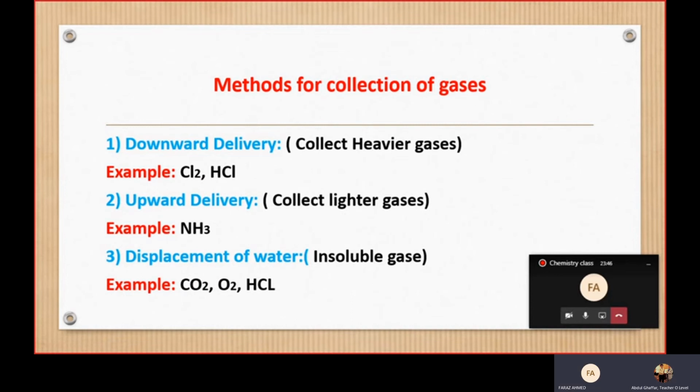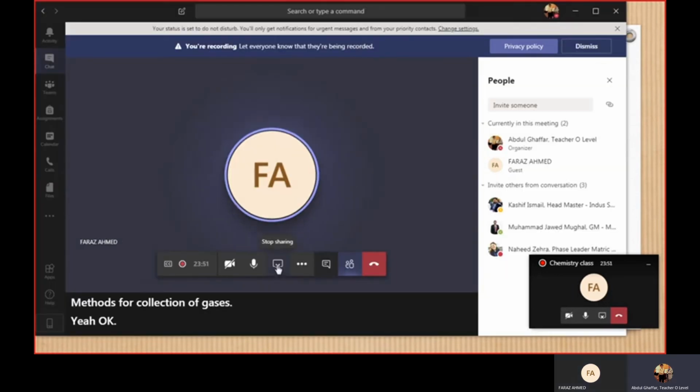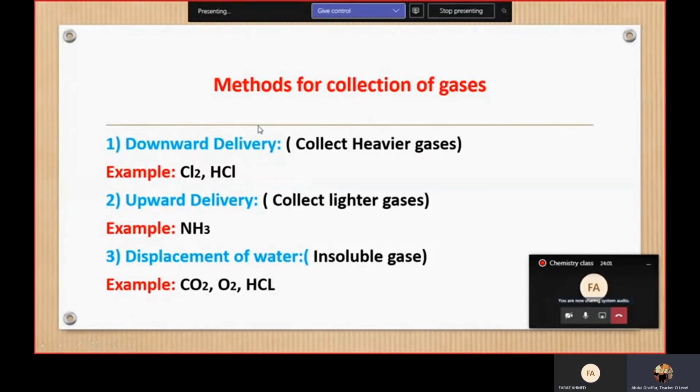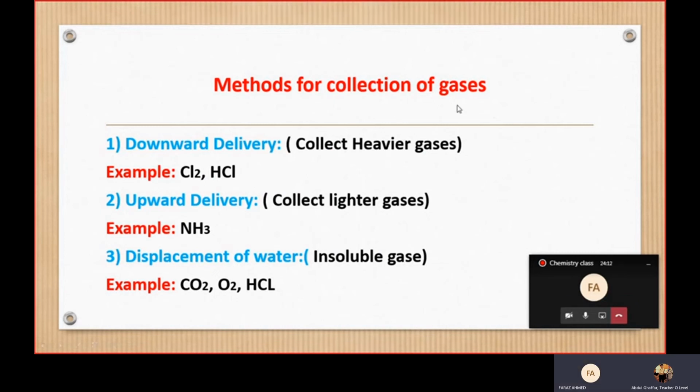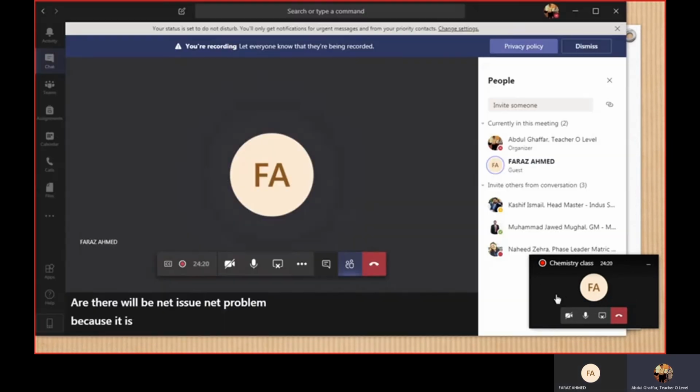No, sir, your screen is not showing. There will be a net problem at your side. I have shared the screen again and again.